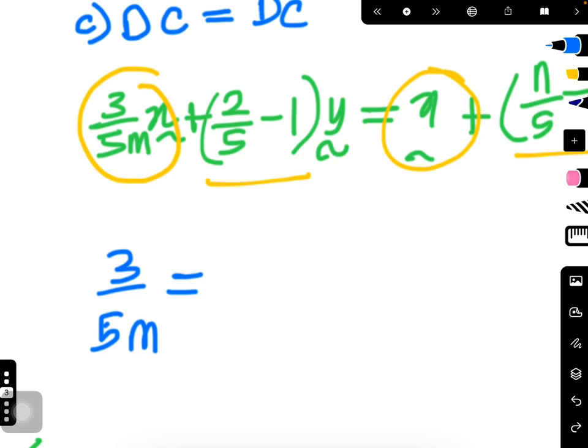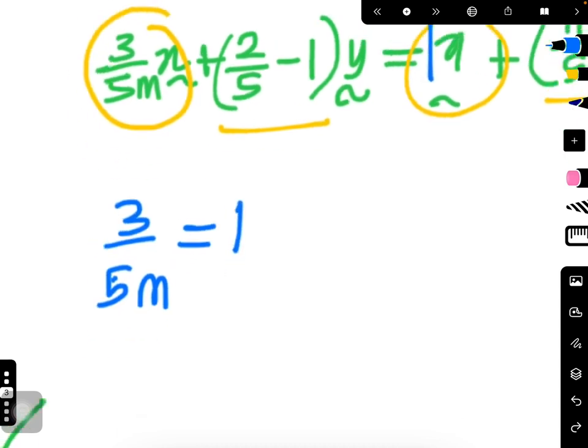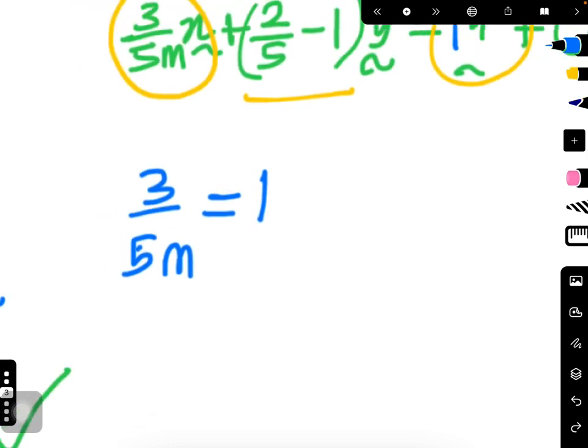We just need to find the value of m. We can just remove the x because this is the vector in Cartesian plane, so x is the value of x in Cartesian plane. So we will get m equal to 3 over 5.